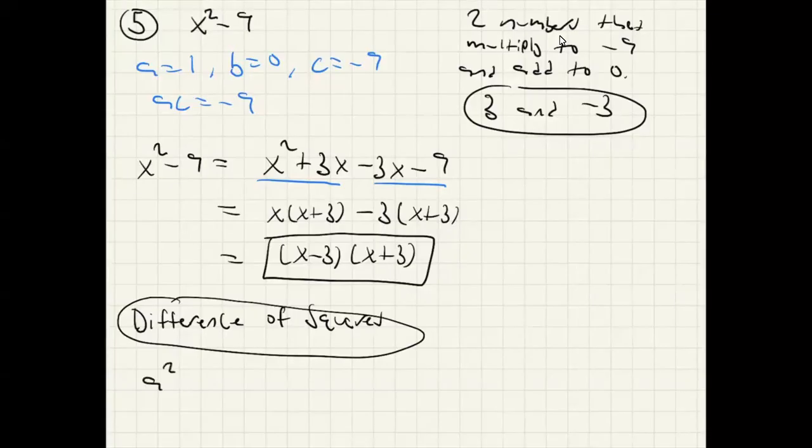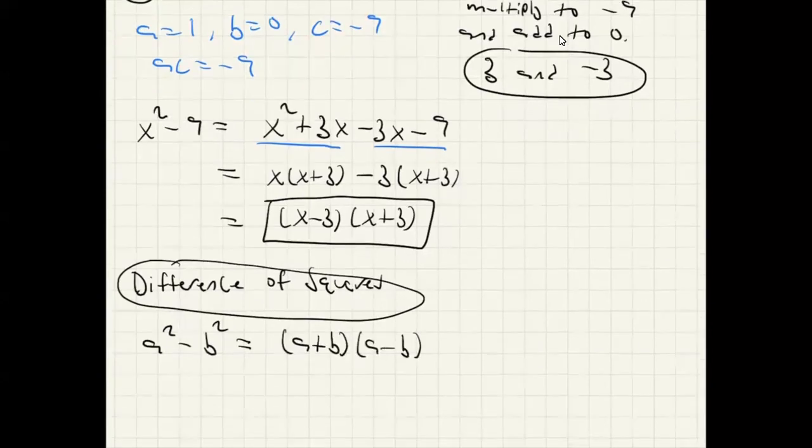So if you have something that looks like a squared minus b squared, when you factor it, it actually is just a plus b times a minus b. And the one that we just did, it was x squared minus 3 squared. So it becomes x plus 3 times x minus 3, which is what we said the answer is.